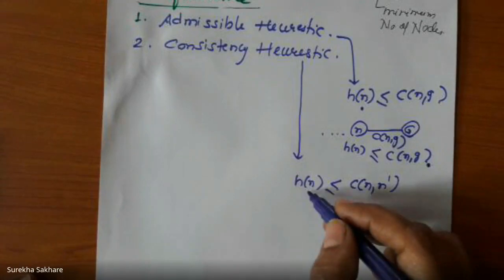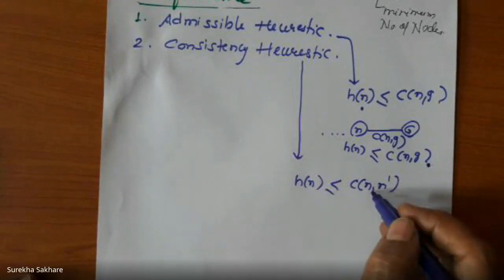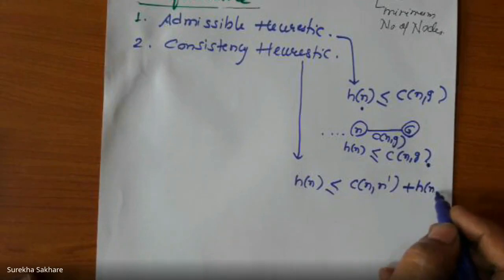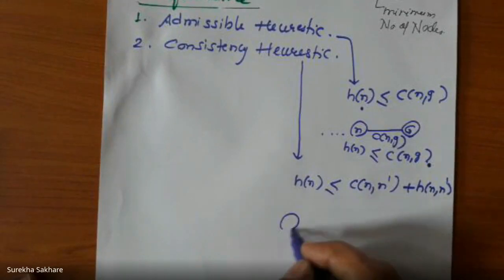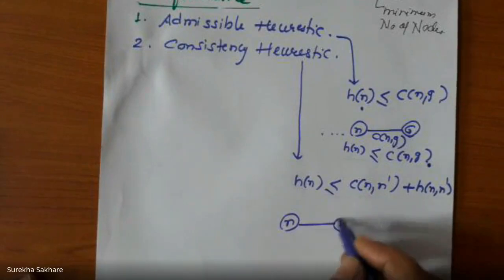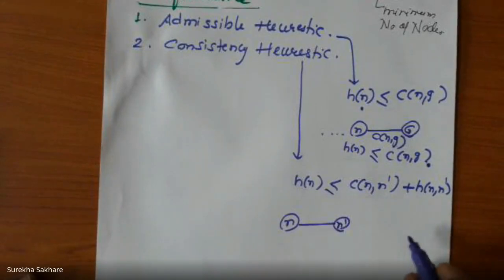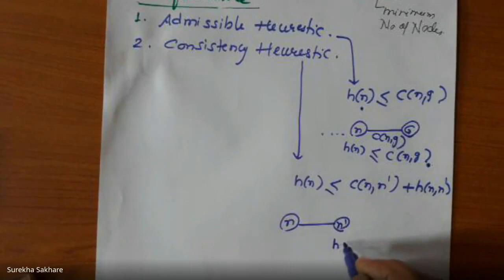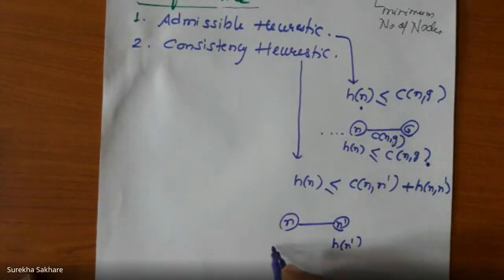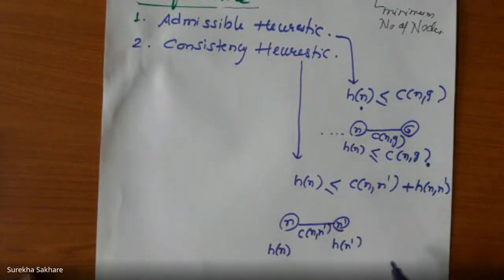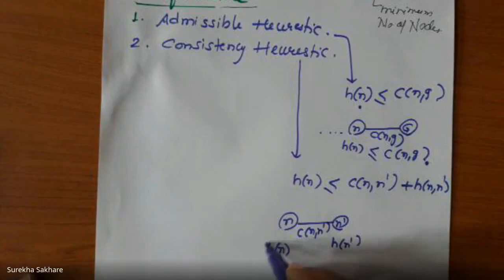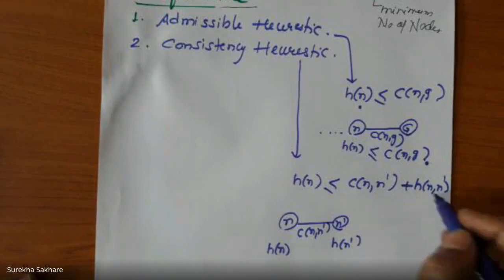If I show it by diagram, this is my n, this is my n dash. I have h(n dash) here, and this is my cost between n and n dash. So this function should be less than or equal to the addition of these. This is the required condition for heuristic functions.